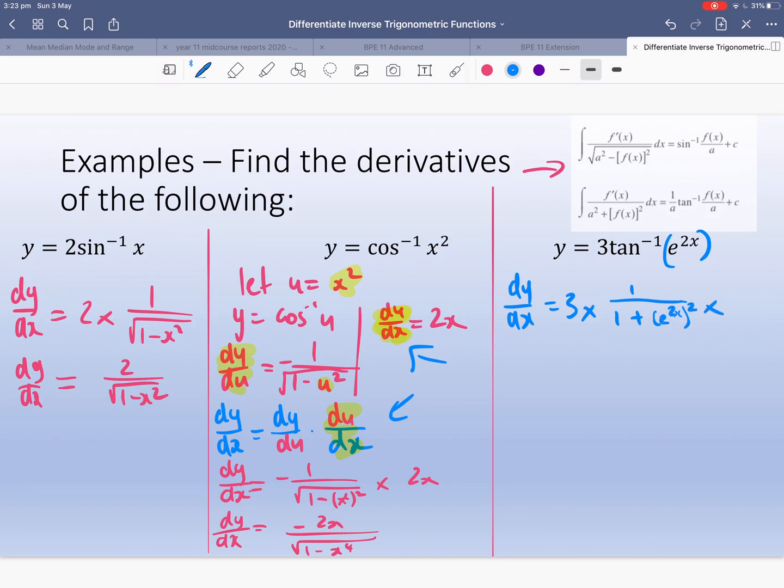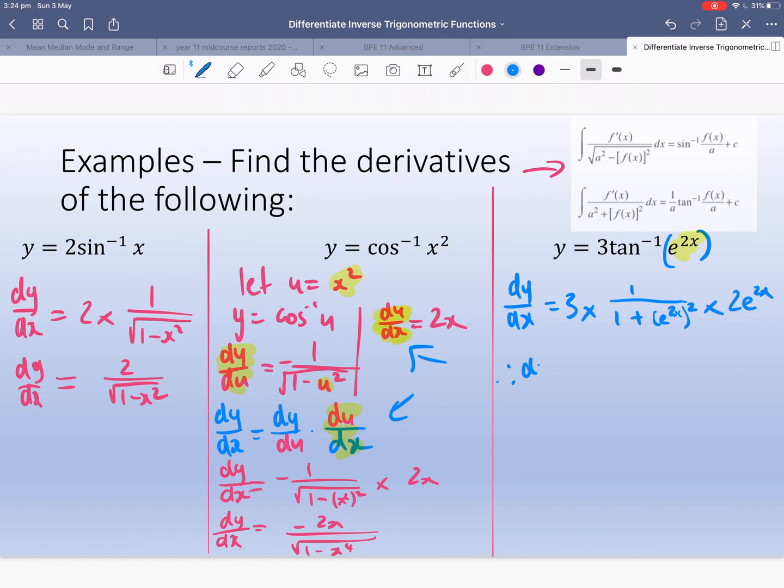Now I'm going to multiply it by the derivative of this thing here, okay. Now the derivative of that is going to be, we're actually doing another little chain rule, and if you don't get what we're doing, you need to revise derivatives of exponential functions, okay. So we're going to go 2e to the 2x, okay? Now I'm going to put everything together.